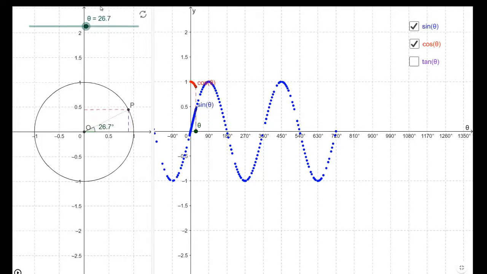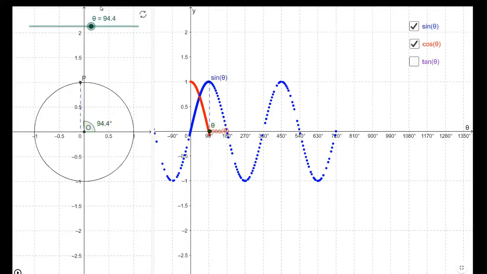In the circle, the horizontal line is decreasing, so the value of cos also keeps on decreasing. As theta approaches 90 degrees, the value of cos approaches 0.